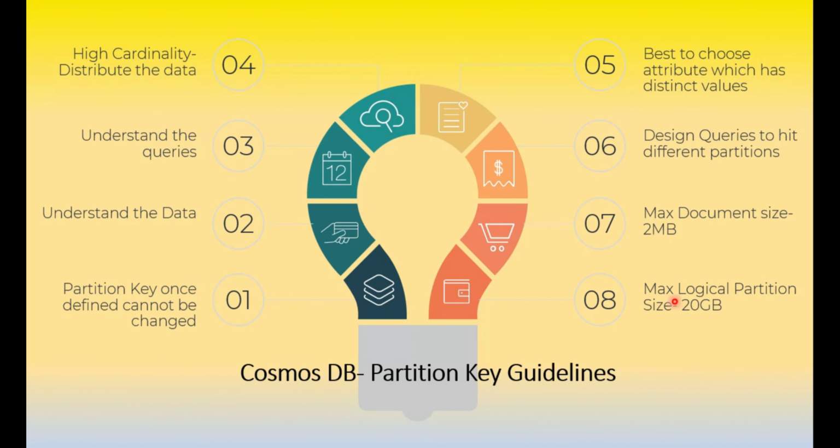Automatically, if 20 GB is exceeded, it will create a different logical partition, but that will have a performance issue on our queries or reports which are running. So design a logical partition or choose a partition key making sure that the data stored in that logical partition will never go beyond 20 GB. This is to be considered when you are choosing the partition key.